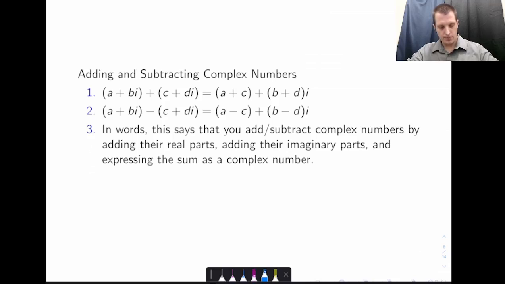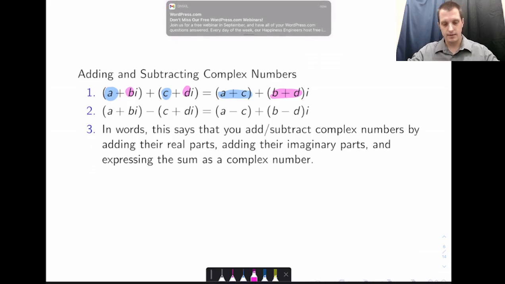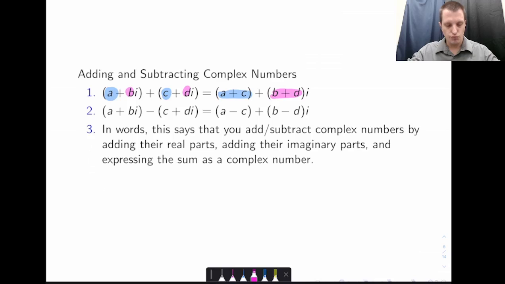So we're taking the real portions, a and c, and adding them together, plus we're taking the imaginary portions and adding them together, b plus d i. Likewise with subtraction, except we need to distribute the negative. So distributing the negative, we get the minus c, and the minus d.